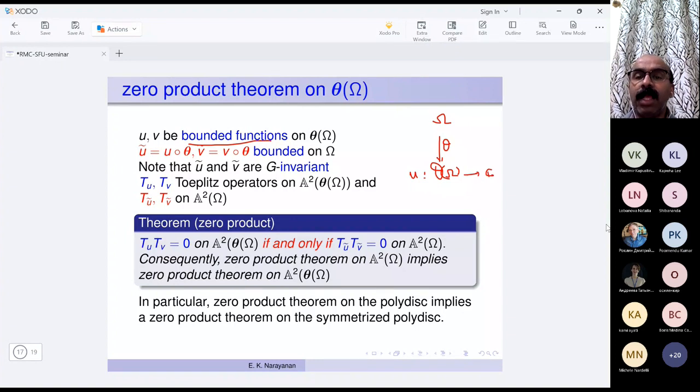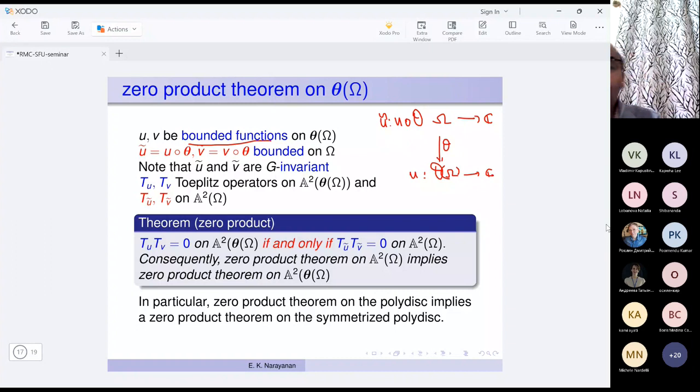I can pull it back, so I'll get u tilde, which is u composed with theta. It's the same function, except that now you go to the original domain omega as a symmetric function, or as a G invariant function, because theta omega is omega by G, right? So any function on omega by G pulled back to omega becomes a G invariant function. That is all I'm saying.